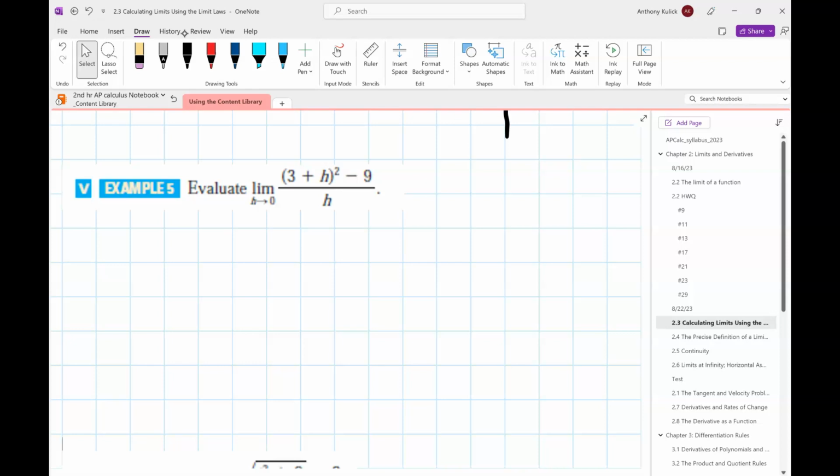Yeah, let's FOIL that numerator out. That's a great first step. What do I get when I FOIL out 3 plus h squared? Yeah, whatever order you wanted to write it. I wrote it this way because the 3 was first before. Everybody's good? What do you notice?